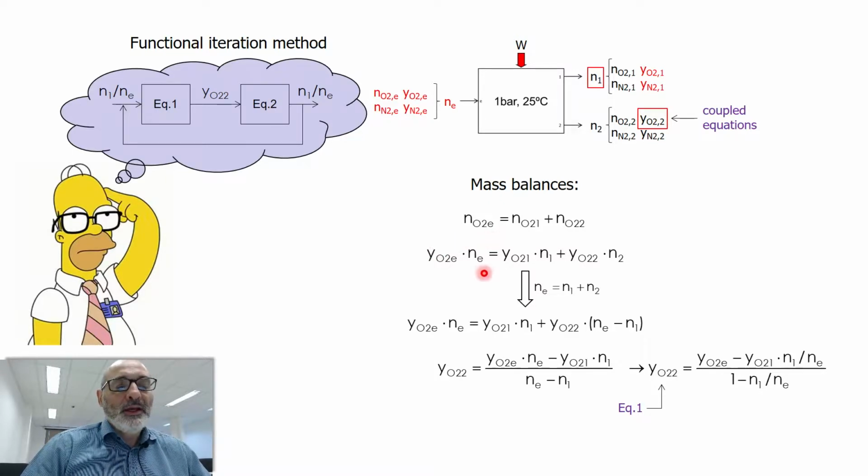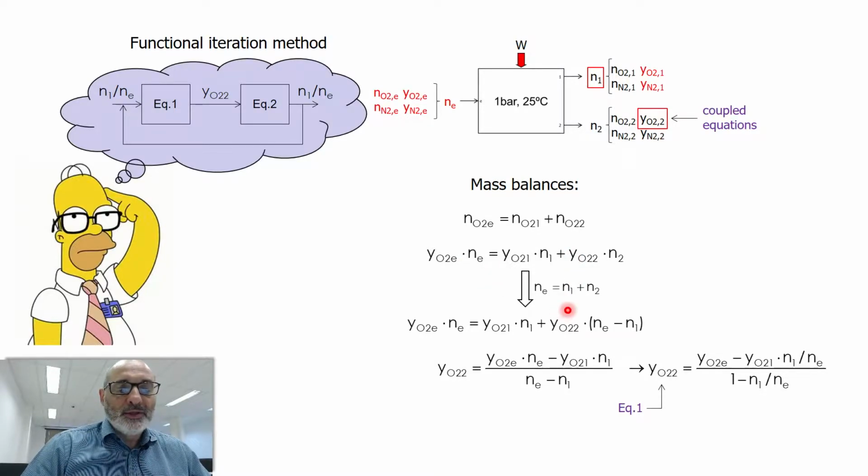So N_O2 at E is the total molar flow rate times the molar concentration. Same thing for the flow rate at 1: concentration of O2 at 1 times the molar flow rate at 1, and concentration of O2 at exit number 2 times the total molar flow rate at 2.